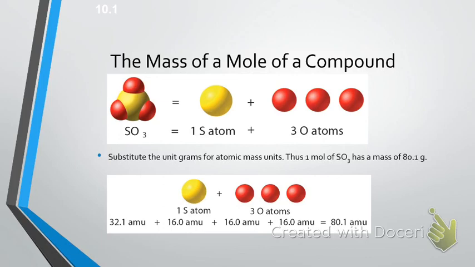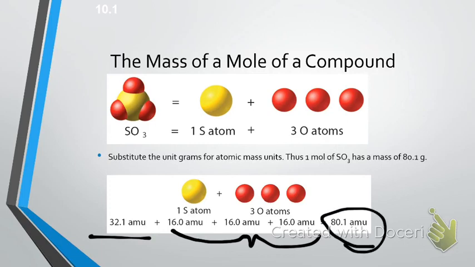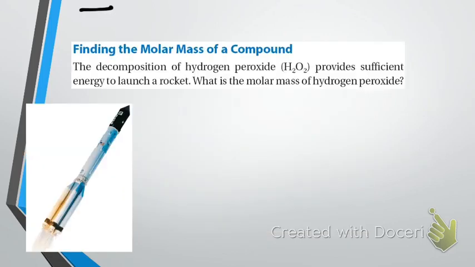We find that sulfur has an atomic mass unit of 32. Oxygen is 16. We have 3 of those. We could just go 16 times 3, and then we add everything up to find our molar mass of sulfur trioxide.